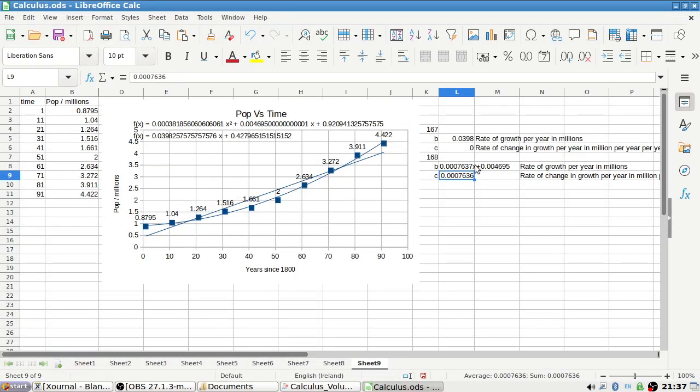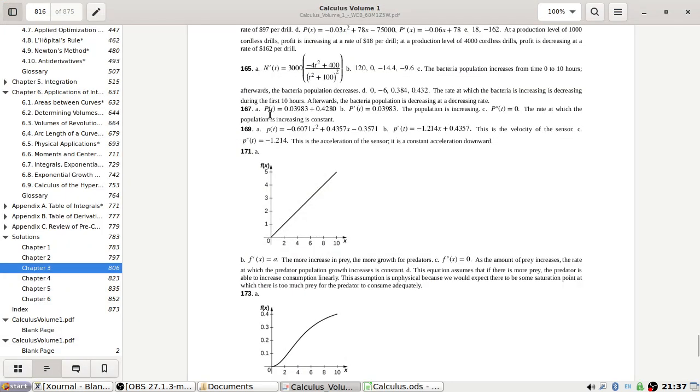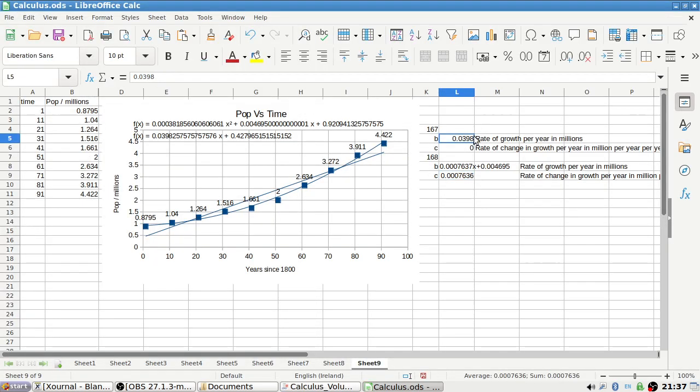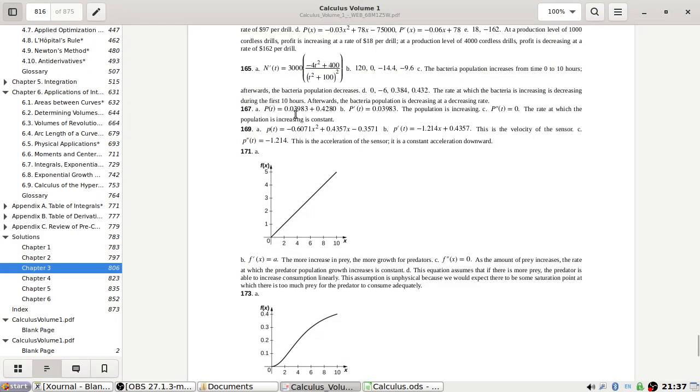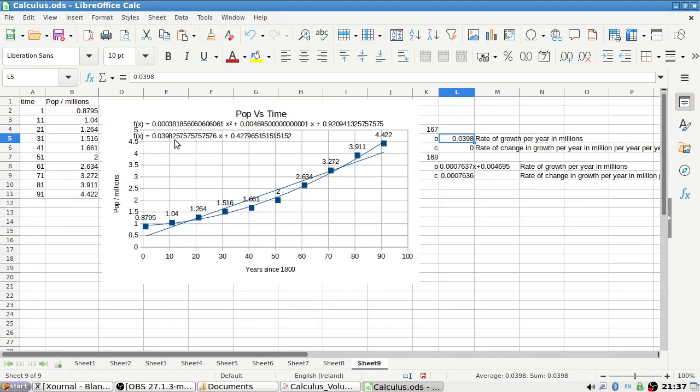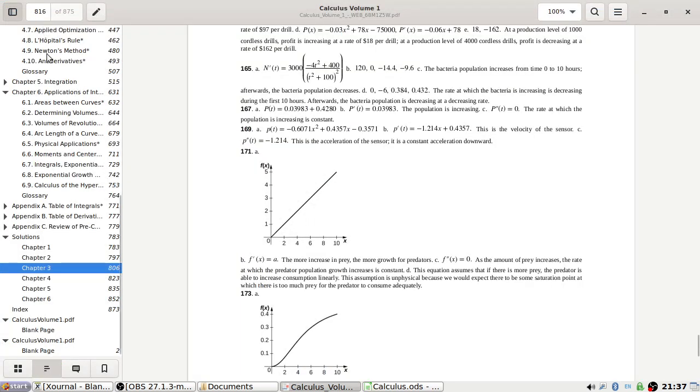Oh, I'm looking at the wrong one. Okay, it's 167. 167 is the linear. 0.039, yes, that one does fit. And then 0.42. Okay, so we're right. All right, let's look at the next one now.